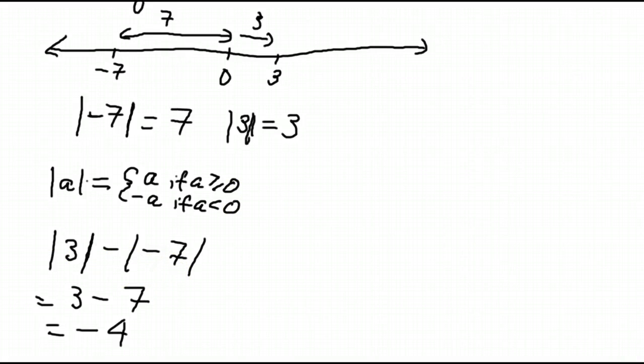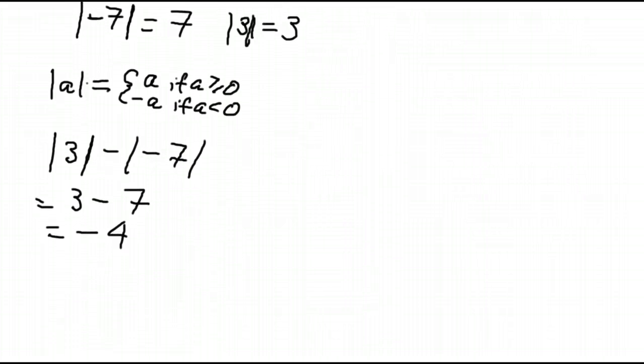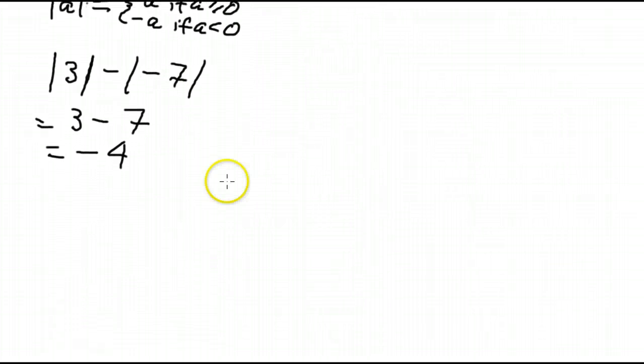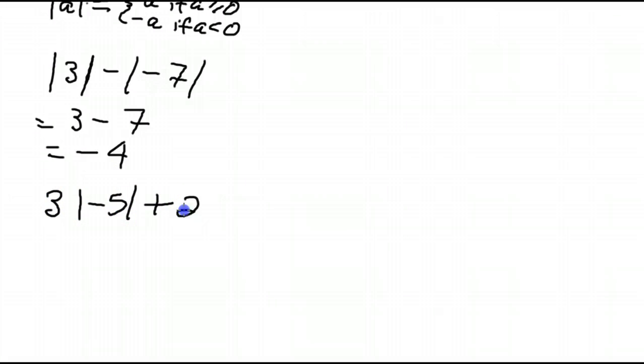Let's try another one. Let's say we have 3 times the absolute value of -5 plus 2. Whoops, I was going to make that an absolute value. Plus 2 times the absolute value of 12 minus 20.